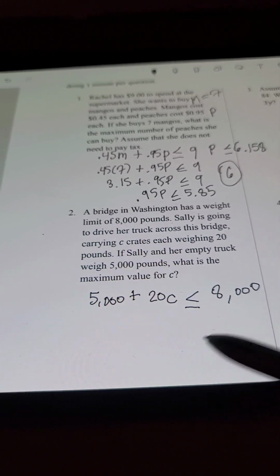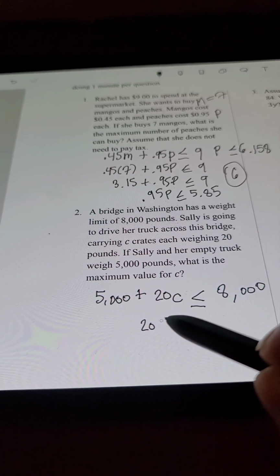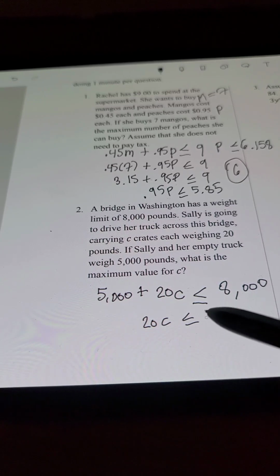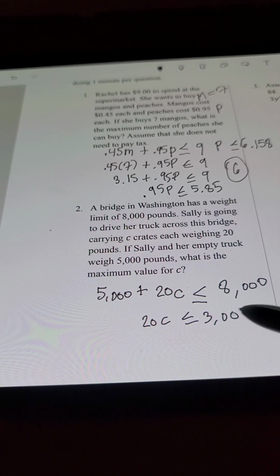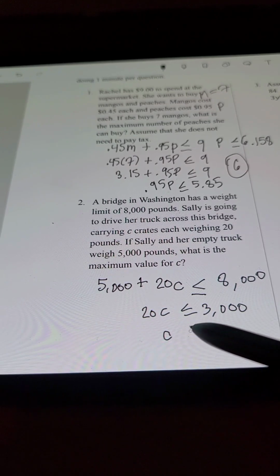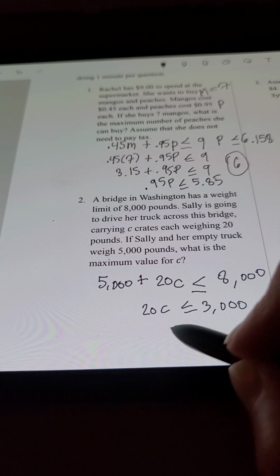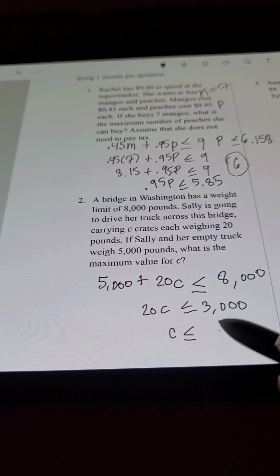So now we're just going to subtract 5,000 from each side and solve for C. Then I get 20C, when I subtract 5,000 from each side, is less than or equal to 3,000. Now I just need to divide. Ooh, that kind of looks like a 0. I meant to make that a C. Then I have to divide each side by 20.